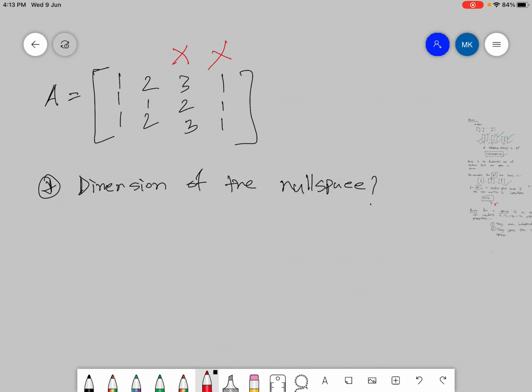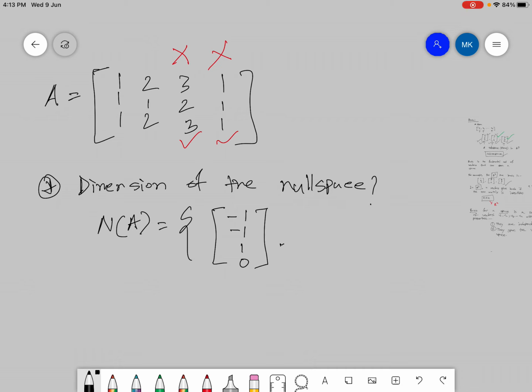So these two columns actually give you the whole null space. For these two columns you will get two special solutions, and the whole null space is basically all the linear combinations of -1 -1 1 0 and -1 0 0 1.